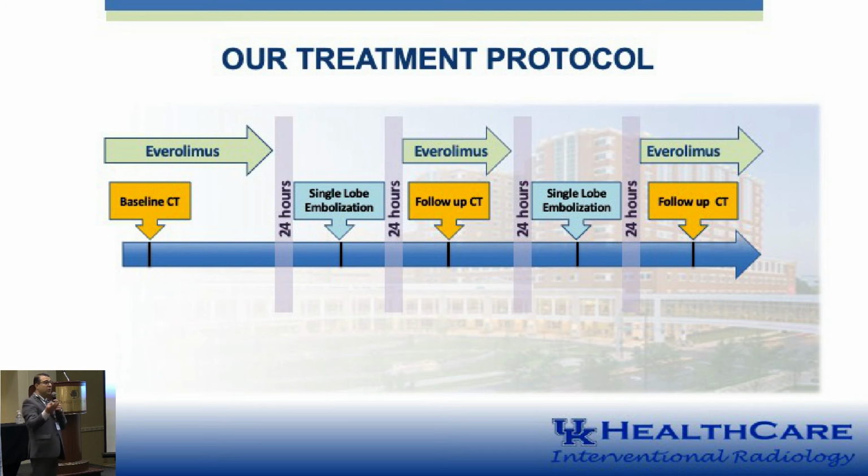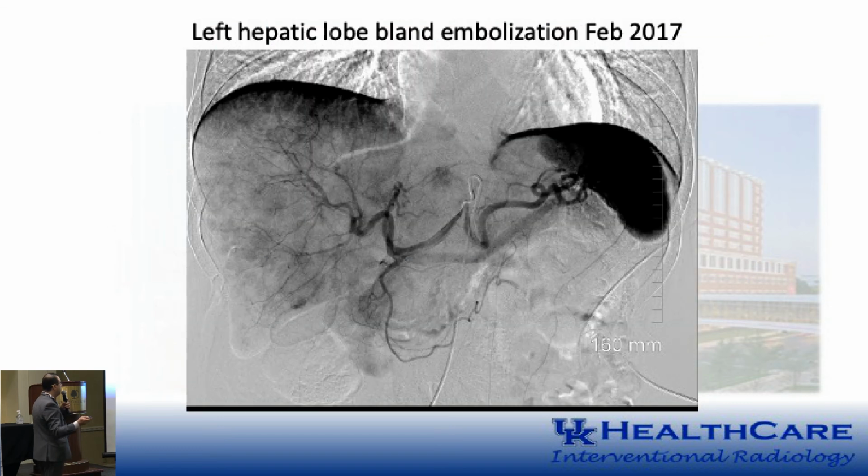Most of the times we do the right lobe first, because the right lobe is twice the size of the left lobe. So if I'm going to go for the money, if the patient can take one shot at it, I'm just going to go on the right side. However, sometimes the left lobe will have lots of tumor where I have to address the left lobe first. And that's what we did on that particular patient, because the largest lesion was on the left side.